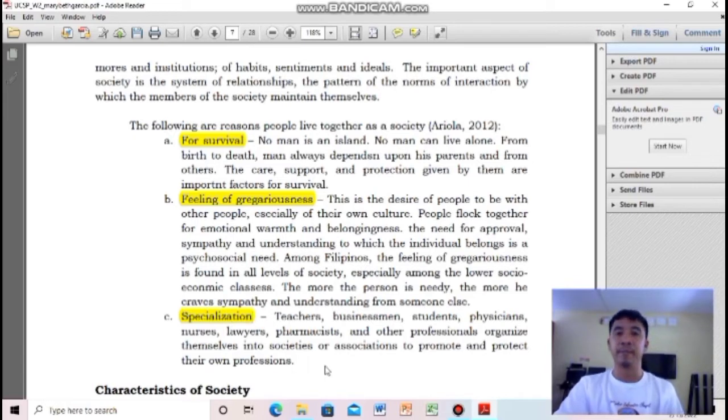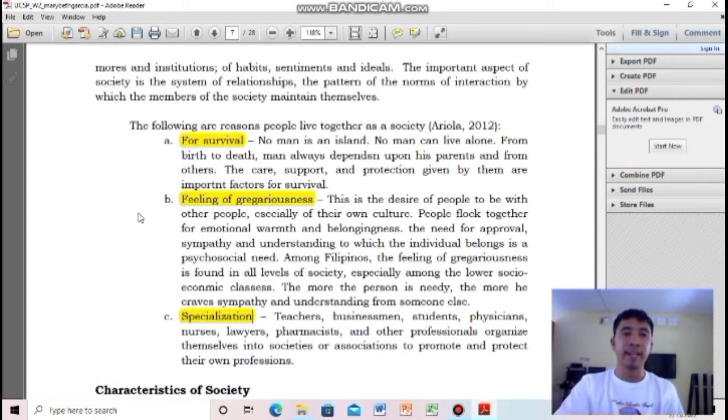Okay, example, may mga grupo sa estudyante, grupo sa maestra, grupo sa mga doktor. So it's because nakita nila nga they will be more heard if they associate or form a group in order to promote and protect their own group.